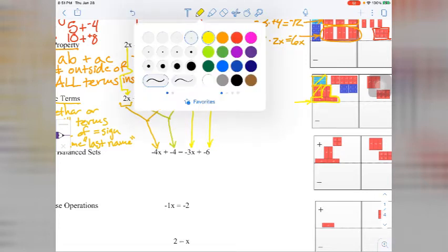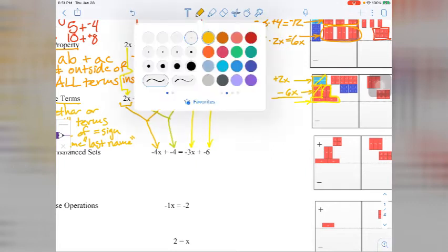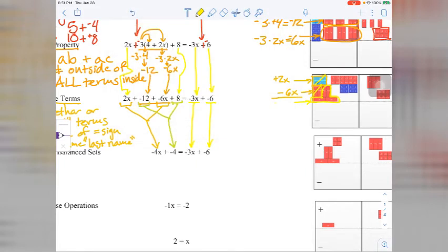So just to be clear, I have +2x, and then I had -6x, and once we canceled everything out, we had -4x remaining. And where do I see that? I see it right there.